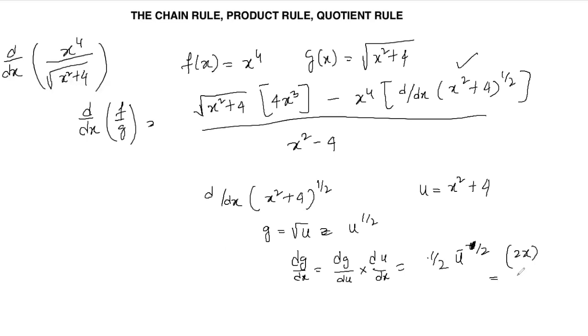We can write this as x into, this gets cancelled, x into u, which is x square plus 4 to the power of minus half. So let us substitute it here.